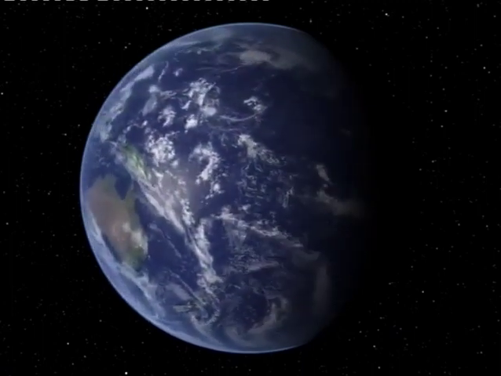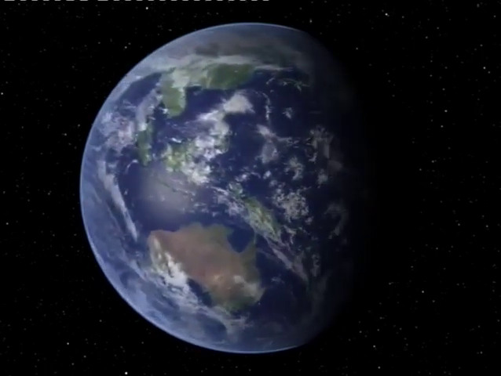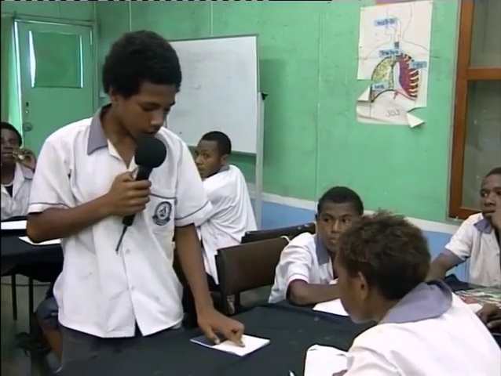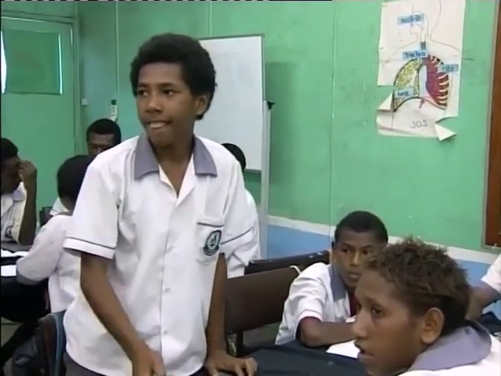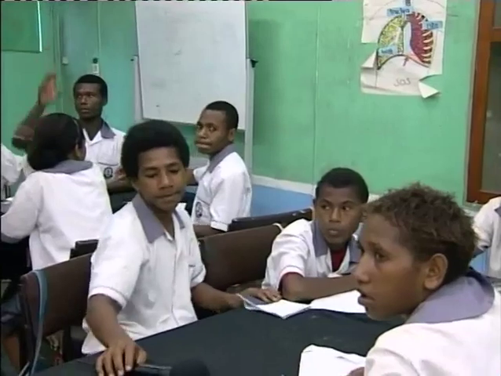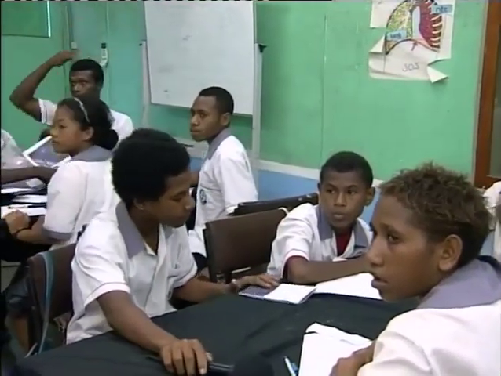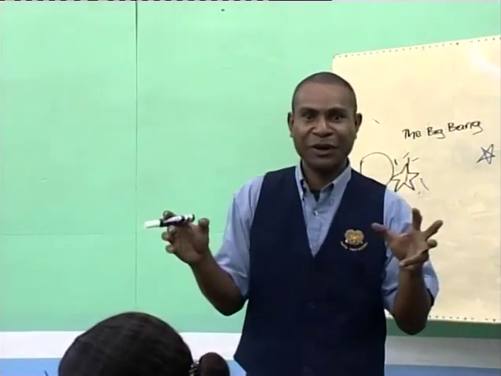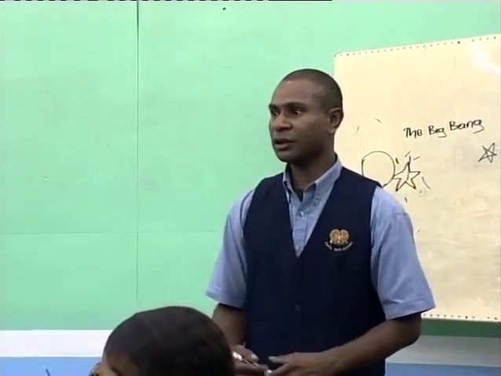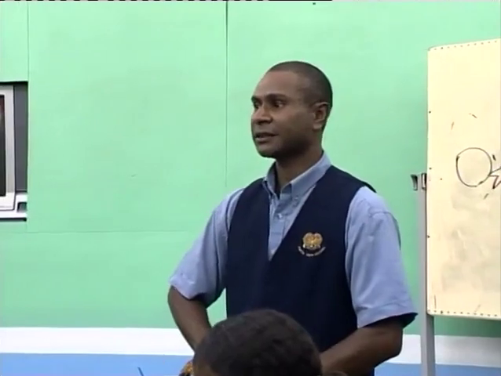Good. Consists of all matter, including the stars. Lovely answer. Consists of all matter. Now, what is all matter in the answer that Bagley has given? What do they mean, all matter?